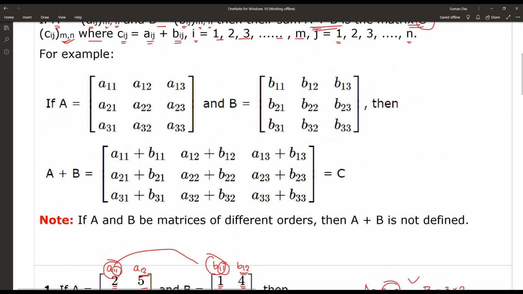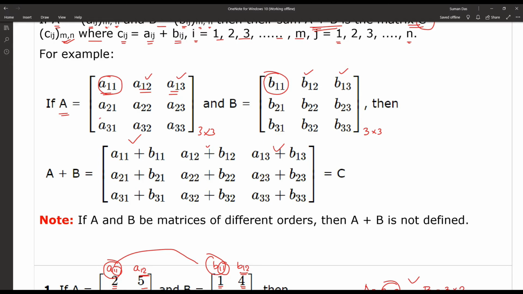Here according to the theory, just the same thing is written. Suppose A, and we have written A11, A12, A13. So that is a matrix of order 3 cross 3, and that is also a matrix of order 3 cross 3. So we can proceed with the addition, and as usual, A11 plus B11, A12 plus B12, A13 plus B13.